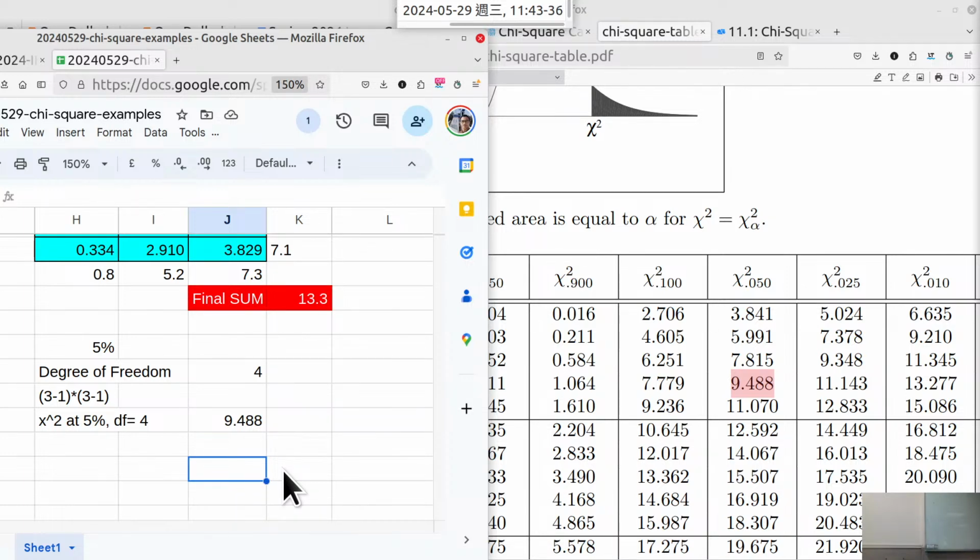But again, in the final exam, I will ask you to do the whole process because it's not hard. And as long as you learn the whole process, in the future you can check whether the computer gives you a miscalculation.